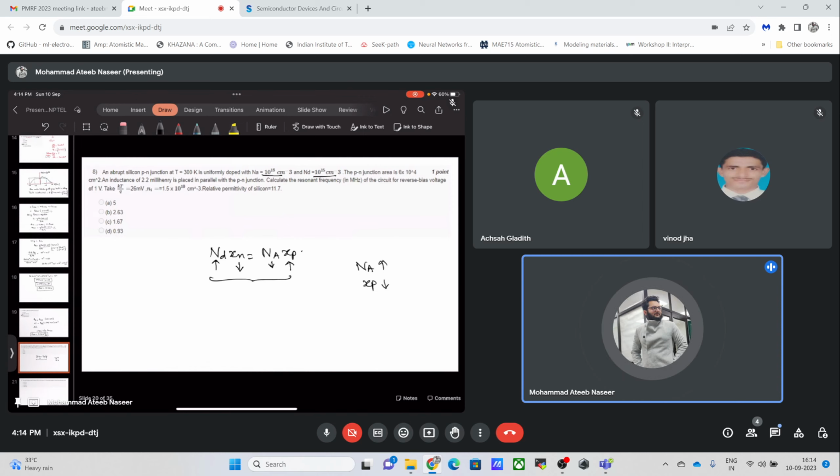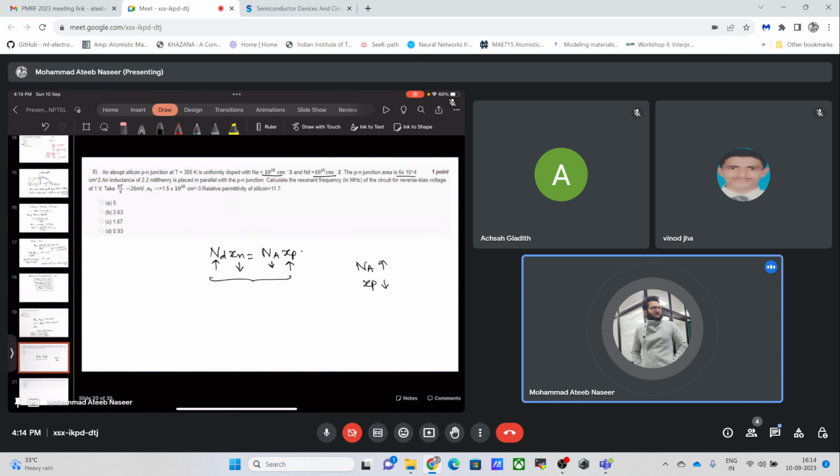Now it has been told this p injection has some area which is 6 into 10 to the power of 4, and now we have placed some inductance in parallel with this p-n junction.